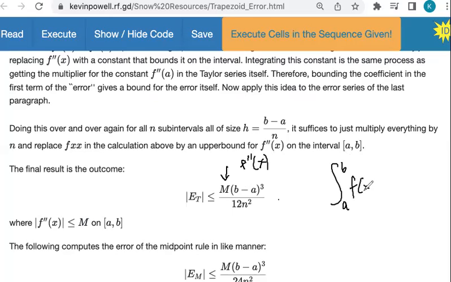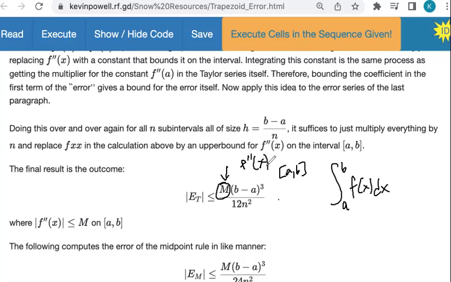So this is what we're integrating, and we take f double prime. What's the biggest that f double prime, the second derivative, can be on the interval from a to b? Pick a number m that's bigger. At smallest it is the biggest that this can be, but basically it bounds this above.